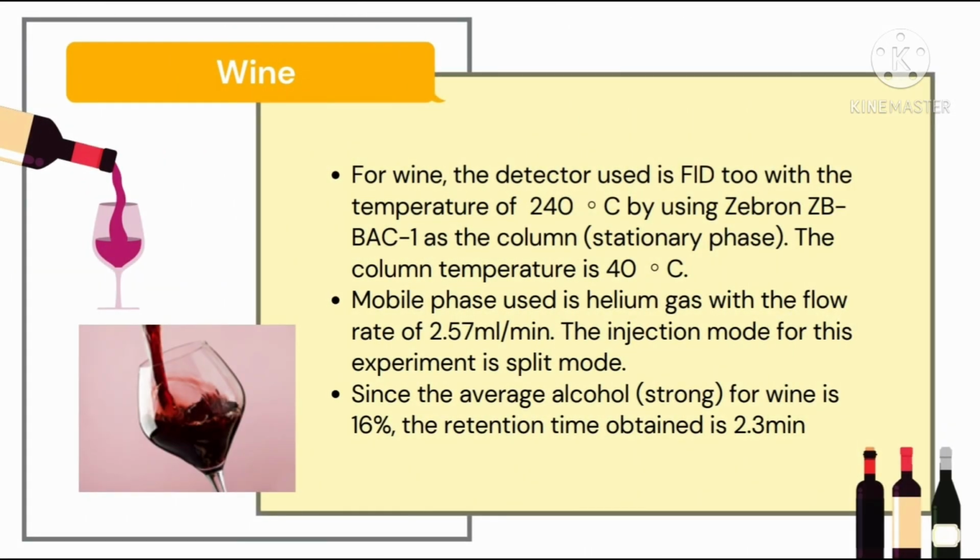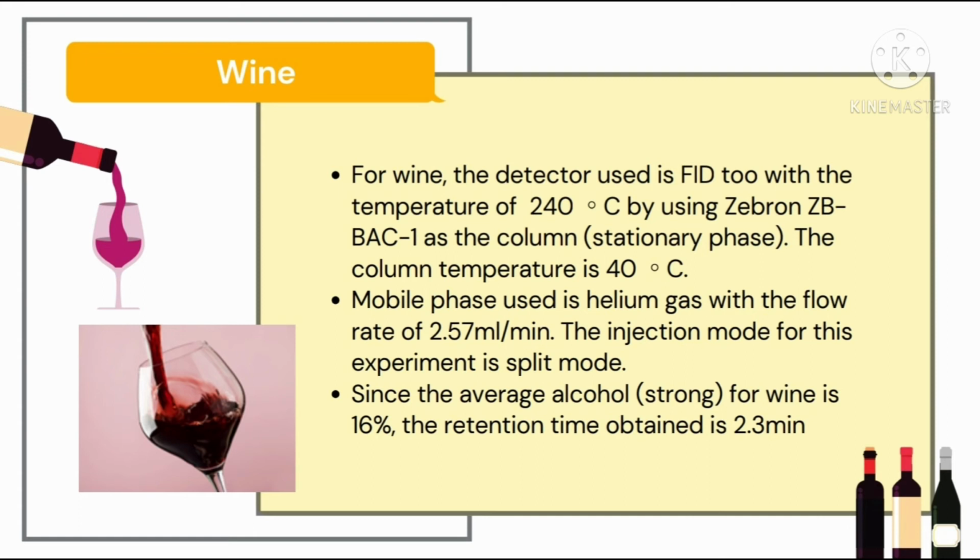For wine, the detector used is FID2 with a temperature of 240 degrees Celsius, using Zebron ZB-BAC1 as the column or stationary phase. The column temperature is 40 degrees C. Thus, this indicates that the column is an isothermal run as it uses the same temperature along the whole experiment.